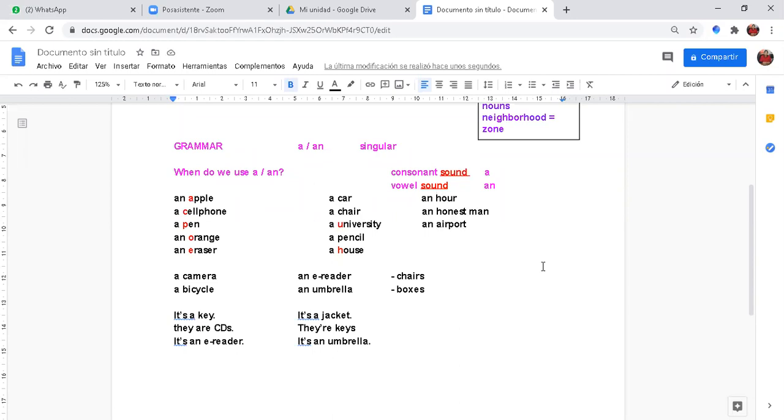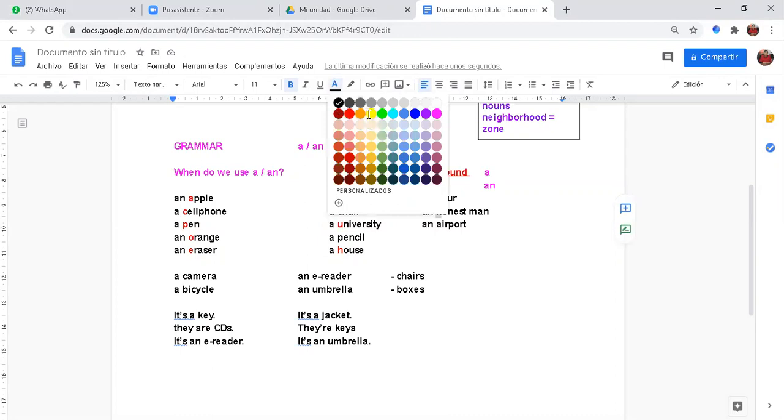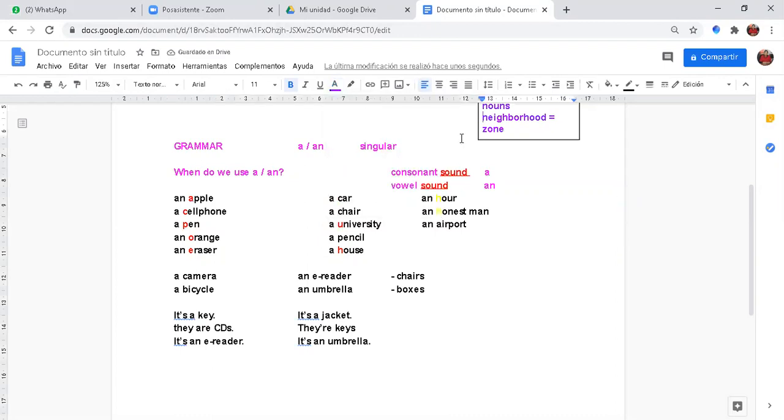It is very important to notice whether it is a vowel or consonant sound. In this case, it's necessary to write H, but not pronounce it. The pronunciation is hour, an hour.